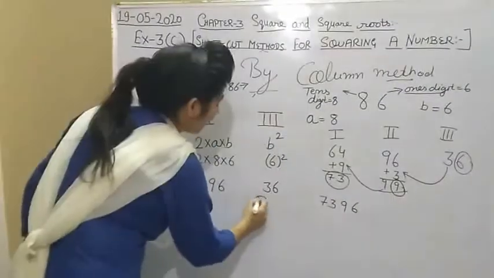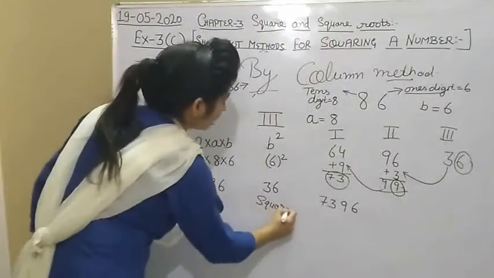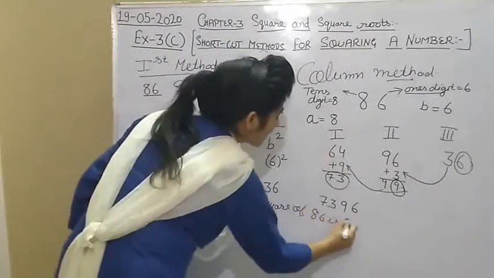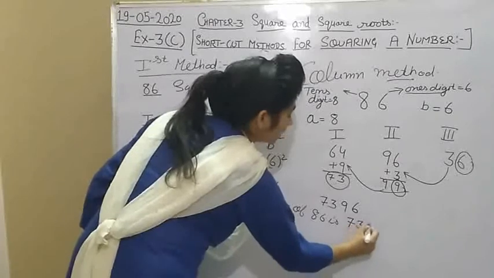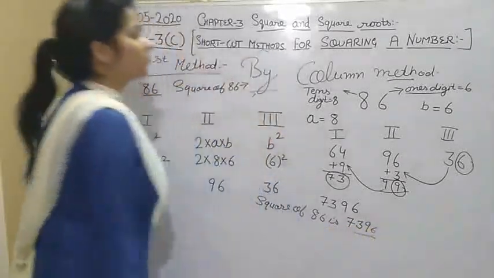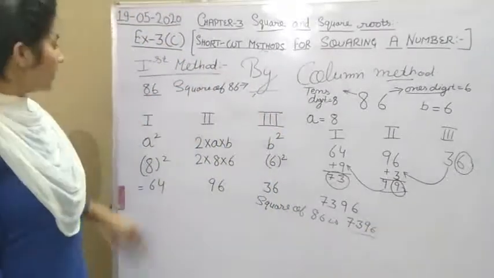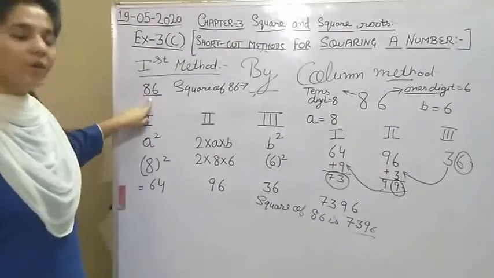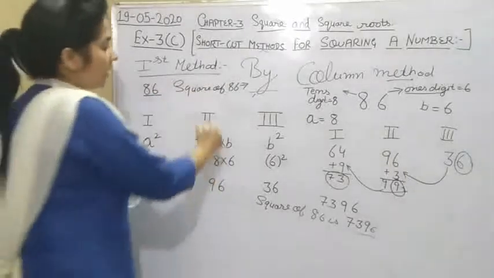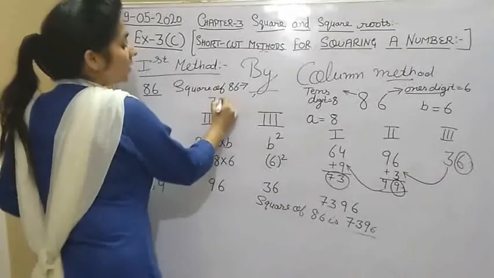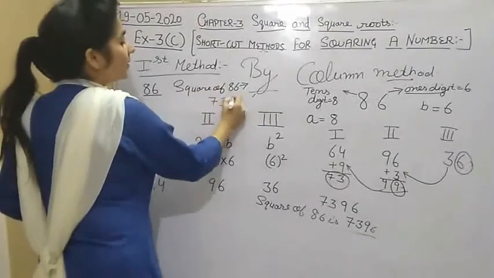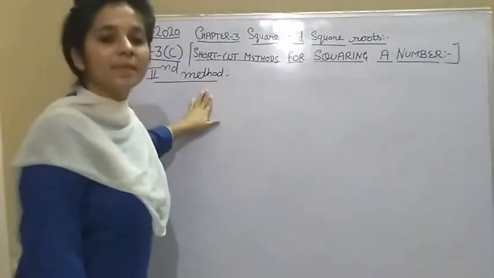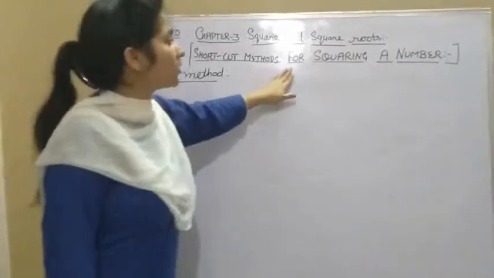So the square of 86 is 7396. Then the value of the square of 86 is 7396.